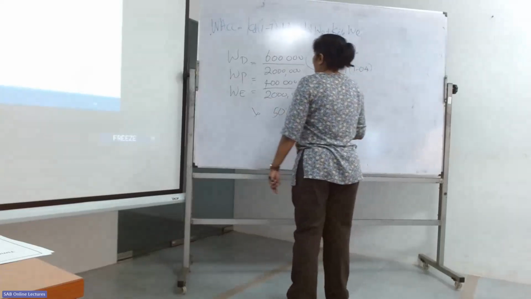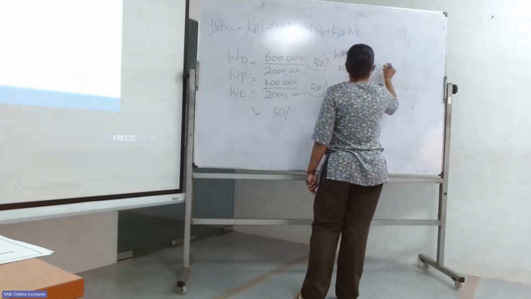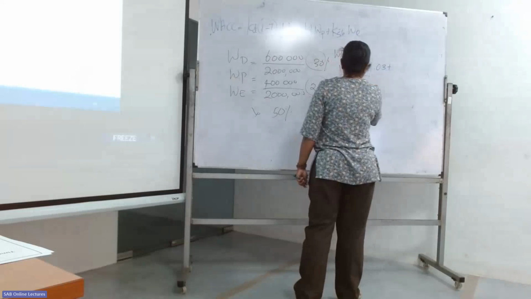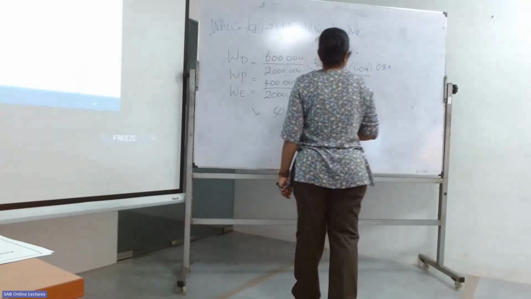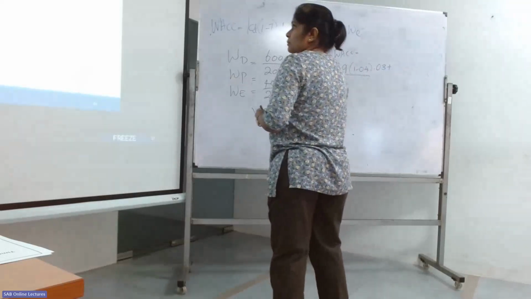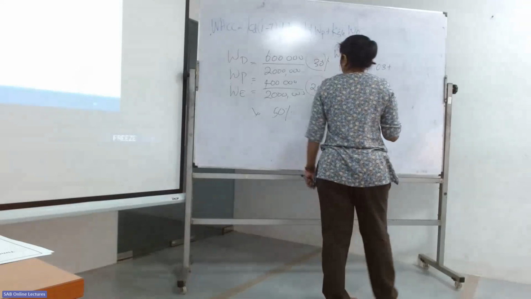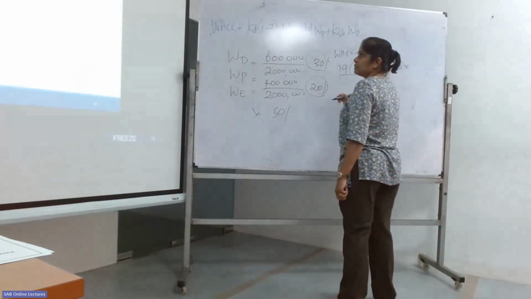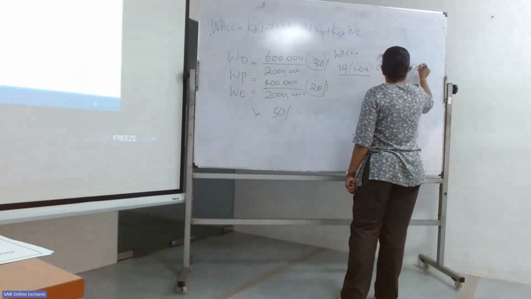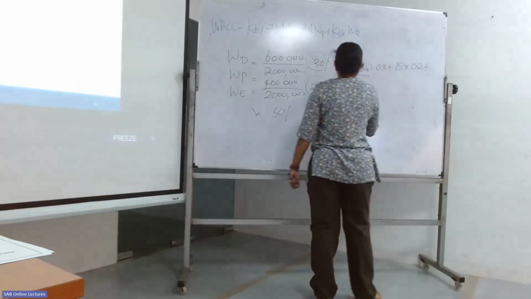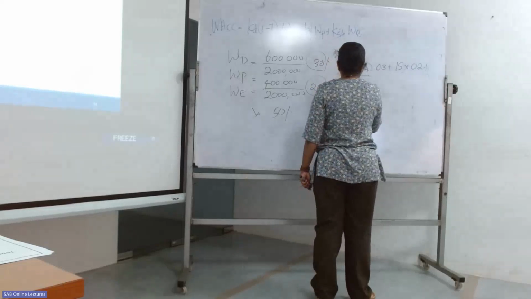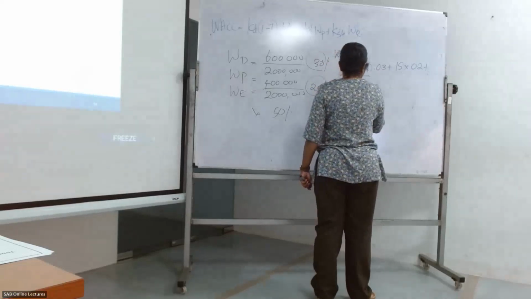So based on the debt capital, 30. Then after tax cost of debt again. Then preference share cost 15%, weight on it 20, plus cost of equity 28%, weight 50.